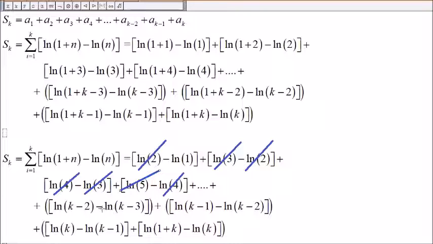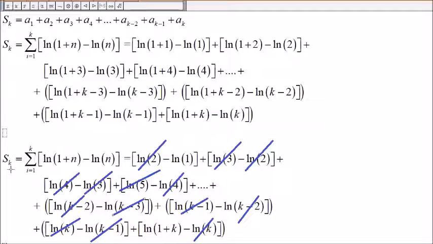Down here, the ln of k minus 1 will cancel out with this ln of k minus 1, and then ln of k minus 2, and then ln of k minus ln of k. Eventually this will cancel out with the term before it. The only things left are negative ln of 1 and ln of 1 plus k.